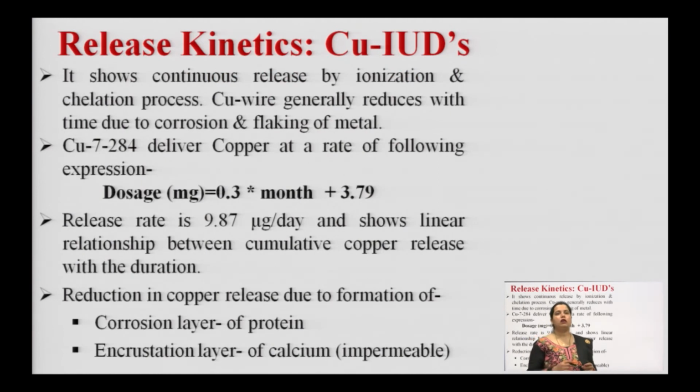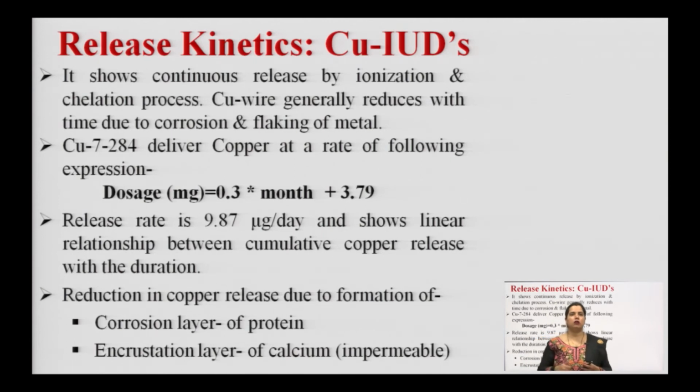Now, if we talk about the release kinetics of copper IUDs, if we are making these IUDs, then we should know the release pattern as well as their release kinetics for declaring it as a controlled drug delivery system. It shows continuous release by ionization, copper ions releasing slowly, and chelation process.